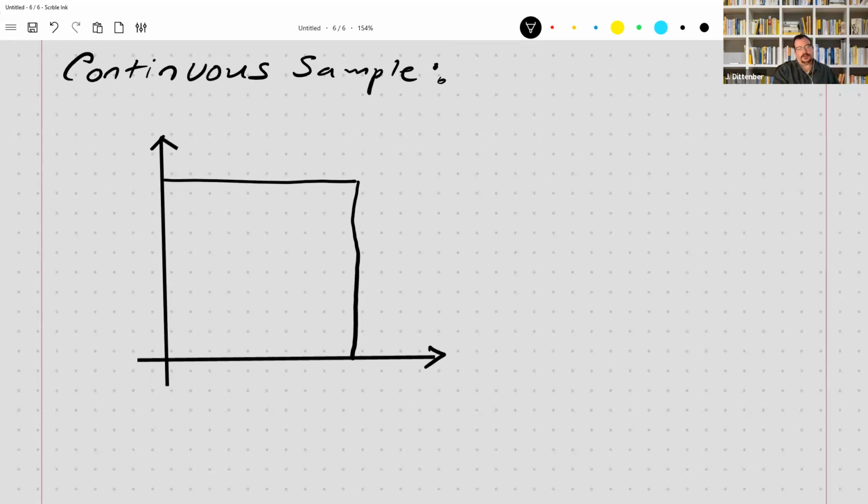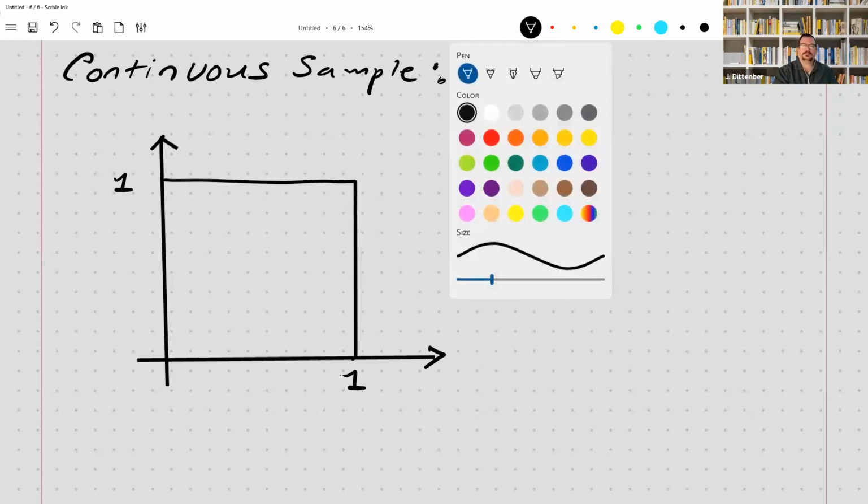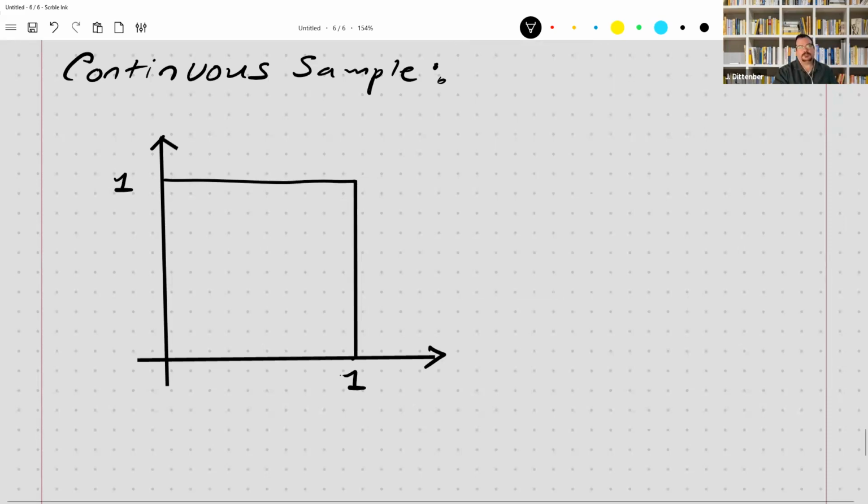All right, so this is 1 and this is 1. And let me just make this a little bit nicer here. Okay, so now here's my sample space. It's a continuous sample space. It represents this location in the first quadrant.